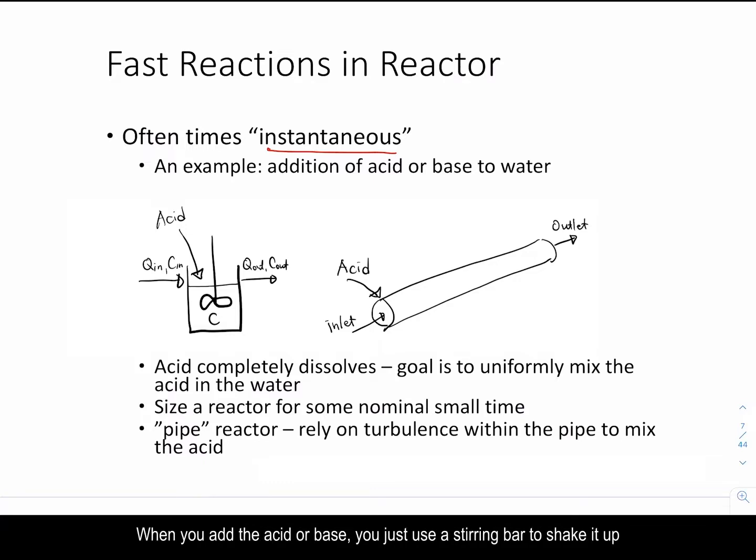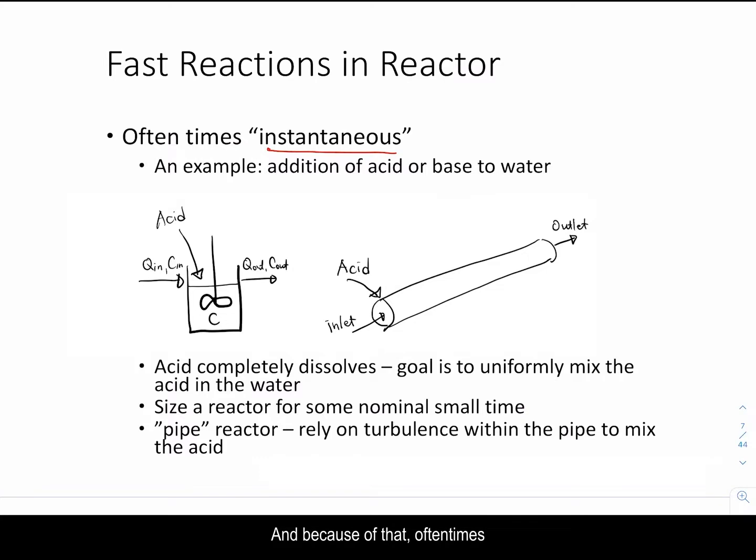And when you add the acid or base, you just use a stirring bar or something to shake it up, and then you would expect within a few seconds or even within sub-seconds, the pH will change, right? You don't expect that after you add the base, it's going to take a minute or even an hour for pH to drop fully, right? So that is an example of instantaneous or fast reactions, okay?